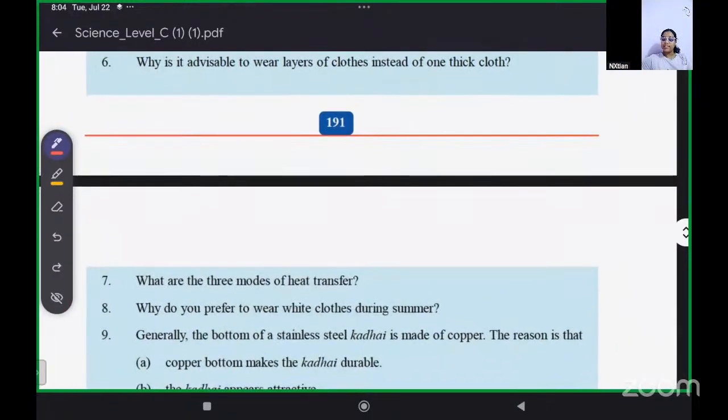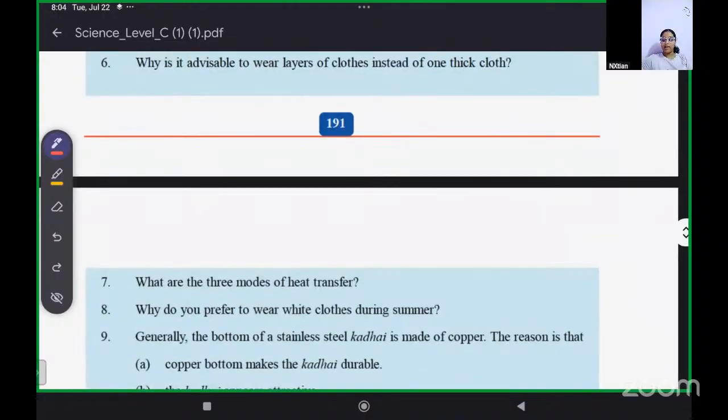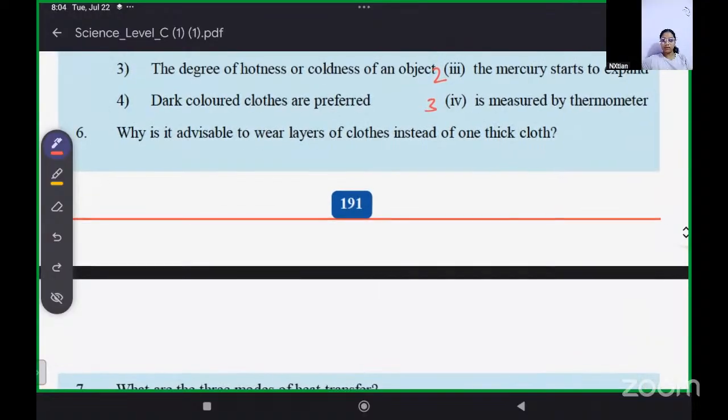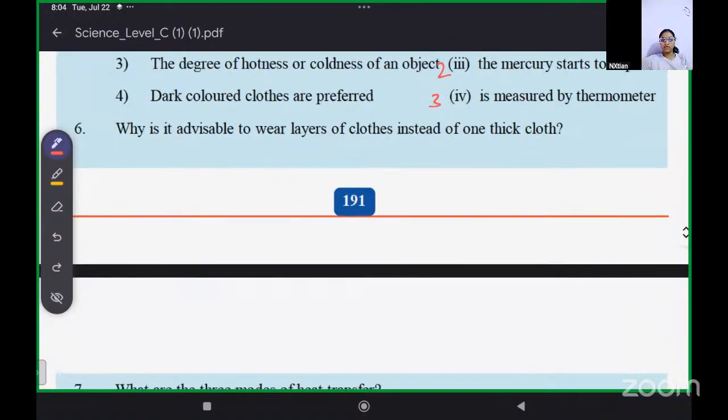Why is it advisable to wear layers of clothes instead of one thick cloth in winters mostly?